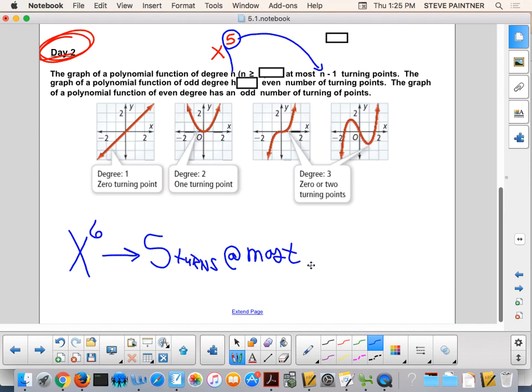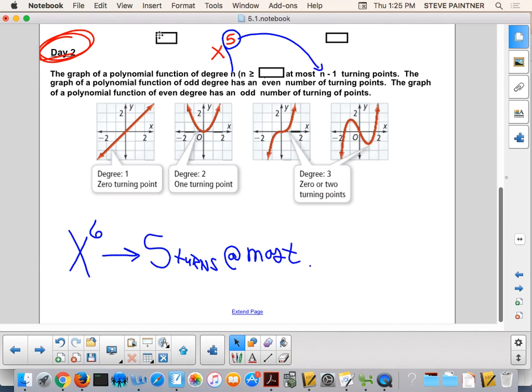Which leads me to think, if that's what they're saying, then it could turn something else, right? Something's coming. Ready? Keep reading. The graph of a polynomial function of odd degrees has an even number of turning points.